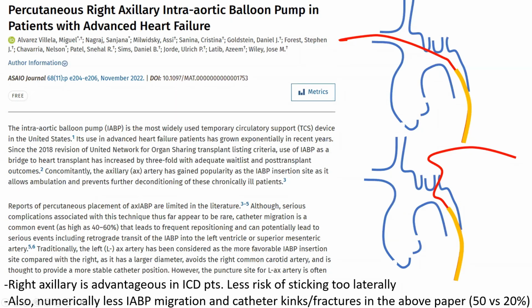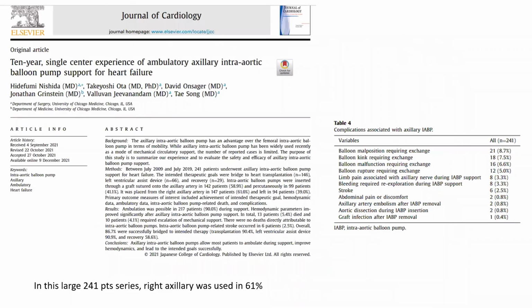Also, in that small series, there was numerically less balloon pump migration and catheter kink and fracture than left axillary balloon pump, because the curvature may be more favorable, with less tortuosity from a right axis than from a left axis. It's a straighter, smoother line. So it's a possibility that right axillary may be advantageous for that.